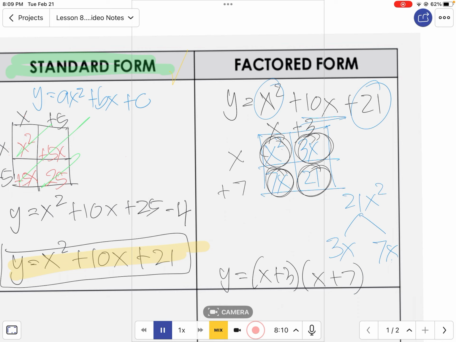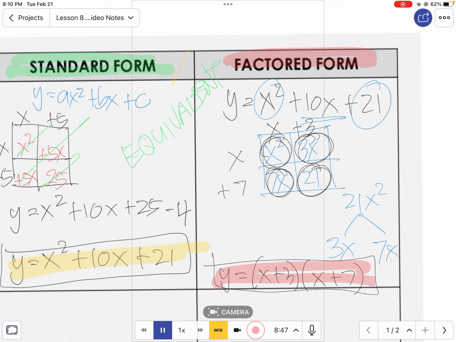Now we have the equations in different forms: the first one being the vertex form, the second the standard form, the third the factored form. Again, that is y equals (x + 3) times (x + 7). We know that these three equations are said to be equivalent functions or equivalent expressions.